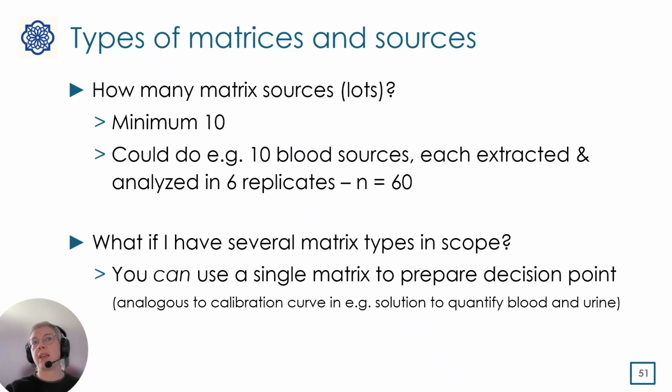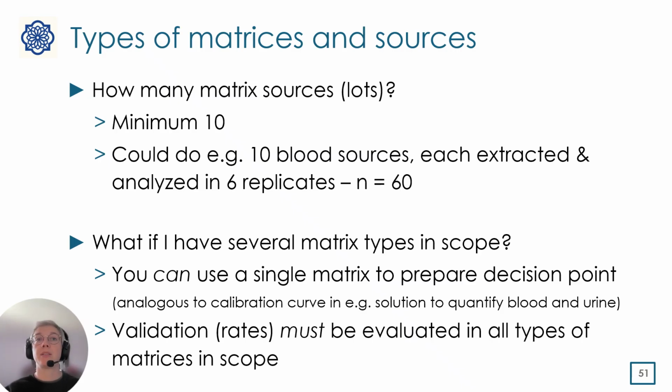So this would be analogous to a calibration curve in solution to quantify analytes in blood, right? So if you want, you can use a single matrix just for the decision point, but the validation, so the rates and the other criteria, they must be evaluated in all the types of matrices that are in scope.